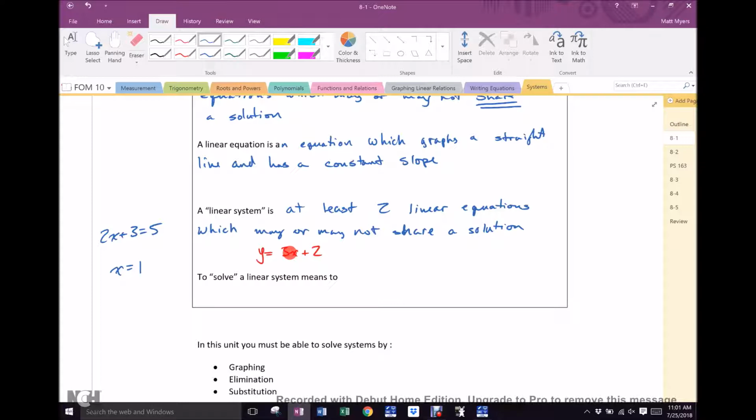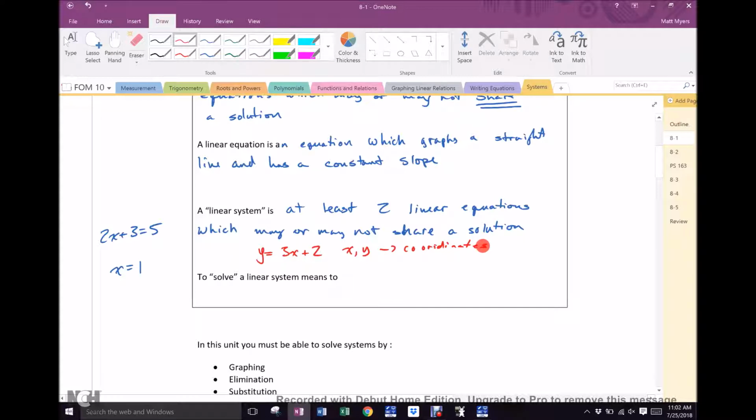This is not a trick question. In the blue one, you had to tell me what x equaled. What do you need to tell me in the red one? What x and y equal. And x and y will give me coordinates, won't they? Coordinates.